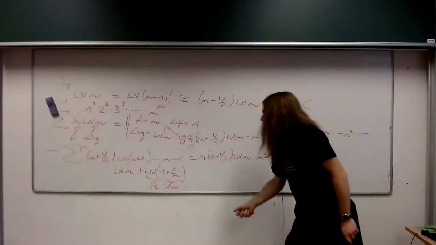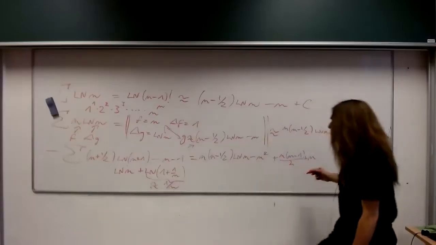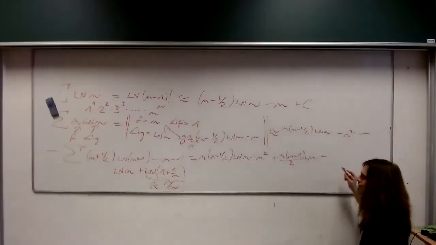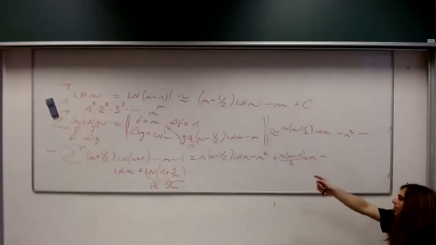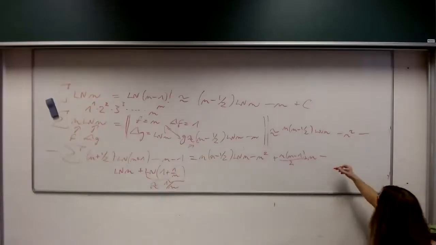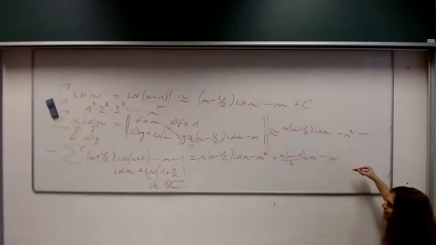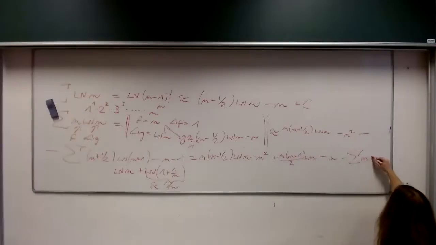And then we have minus sum of n over n, and we will ignore the 1/2 over n. So that's another n, but with a minus, and then we get n log n.